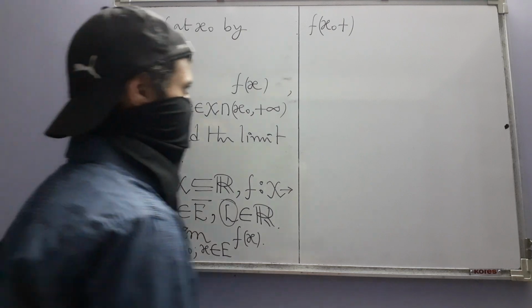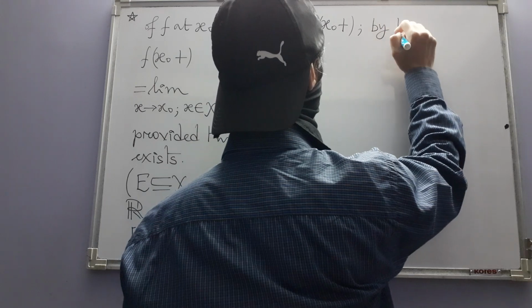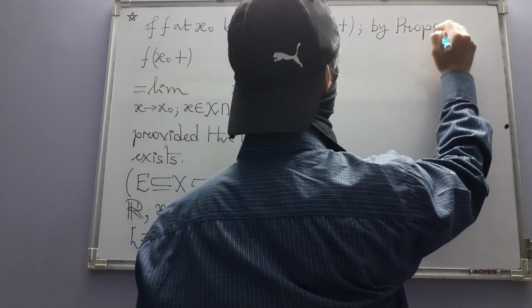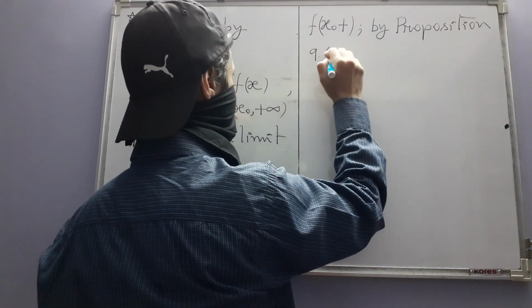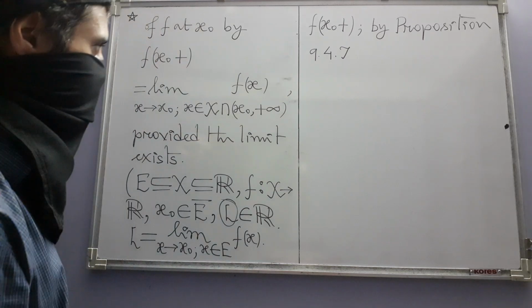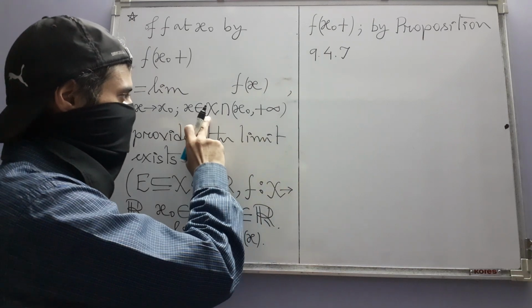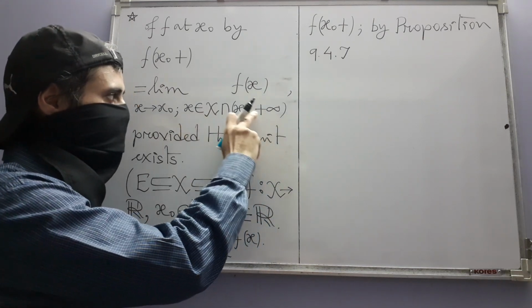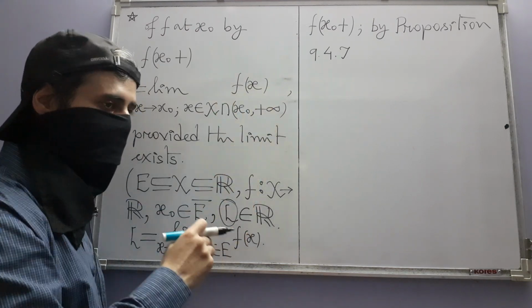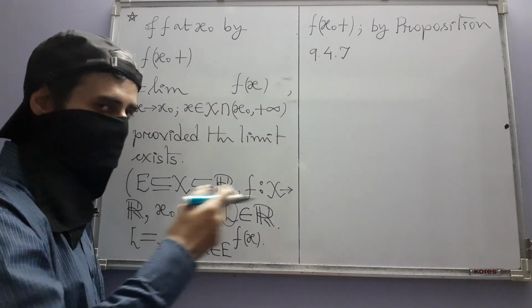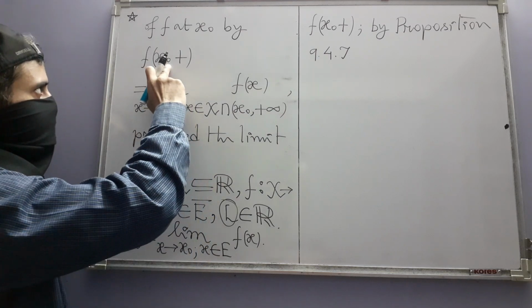Then by proposition 947, if you find a sequence of points in this set that converges to x naught, then the functional values of the sequence terms will also give you a sequence. That sequence then by this proposition has to converge to this.